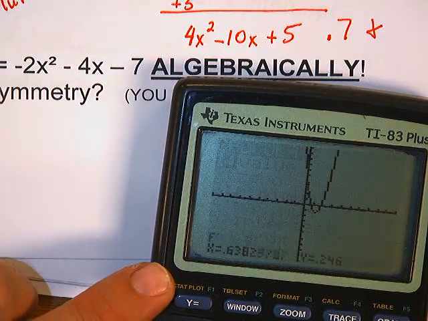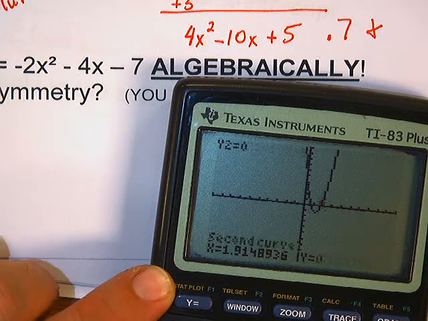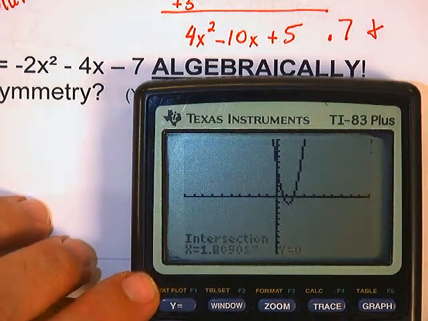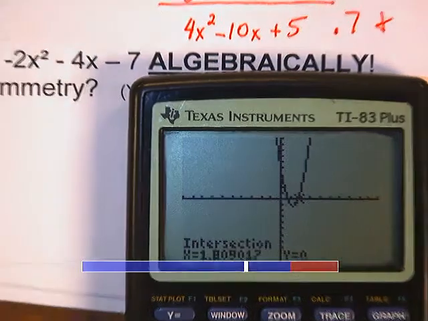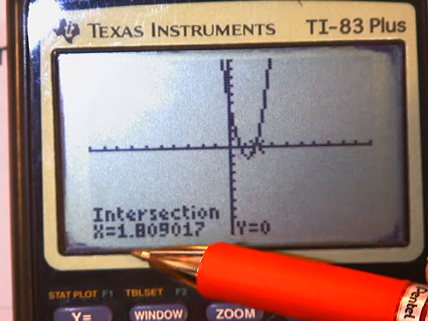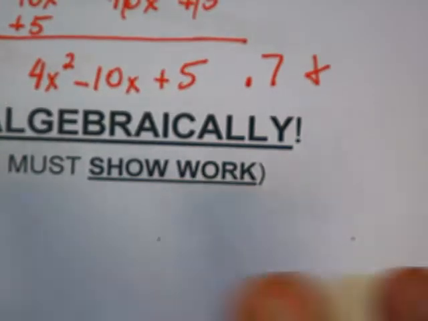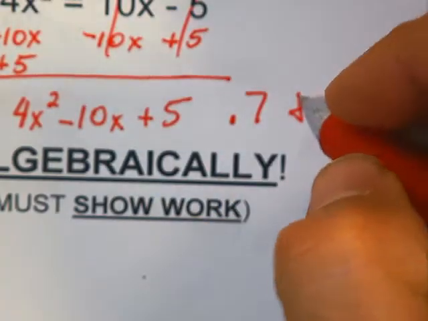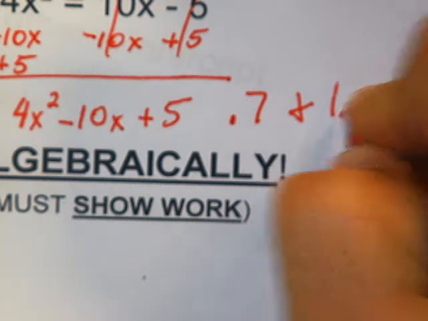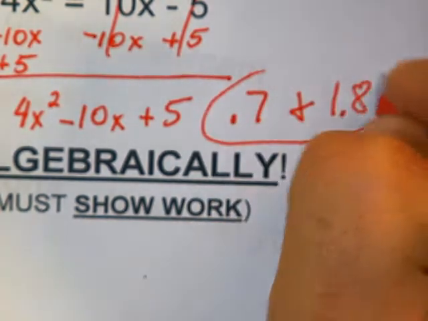Second calc 5, move to the other one and hit enter 3 times. Okay, the second intersection is at 1.8. So 0.7 and 1.8. So there's my 2 solutions.